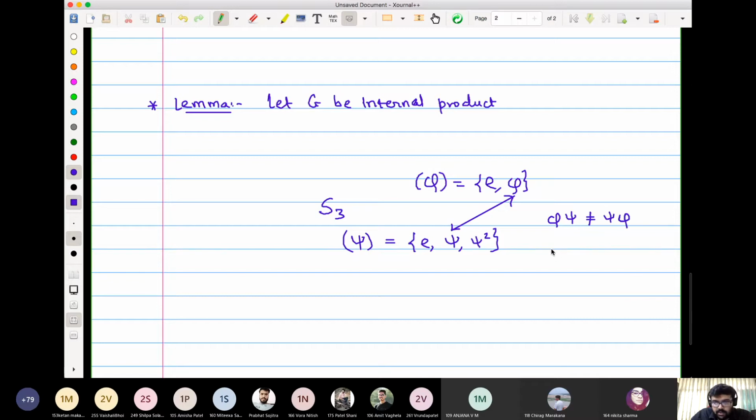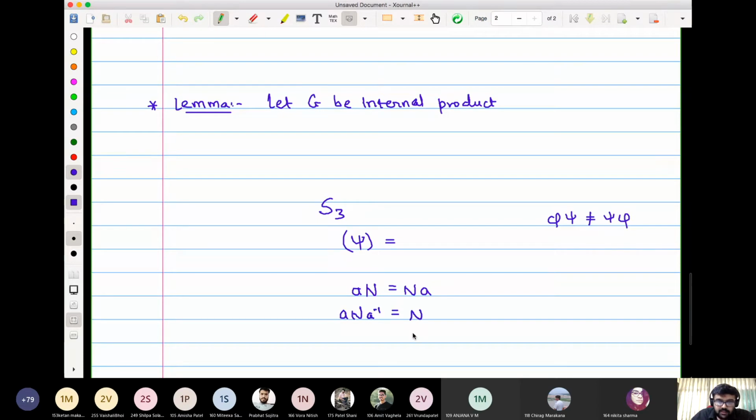So even if I take a normal subgroup, the elements of the normal subgroup do not commute with elements of other subgroups or other elements of the group, right? So S3 is the best example. Even this E, psi, psi square is a normal subgroup. For a normal subgroup, we have AN equals NA, or we have ANA inverse equals N. This is what we have.